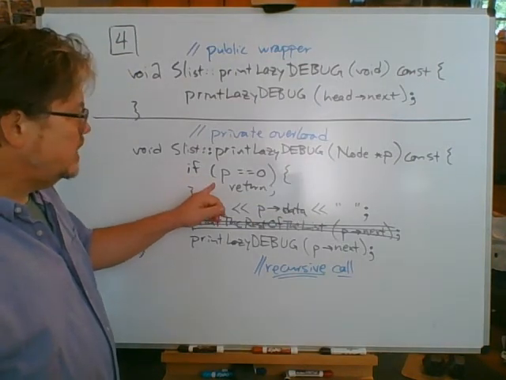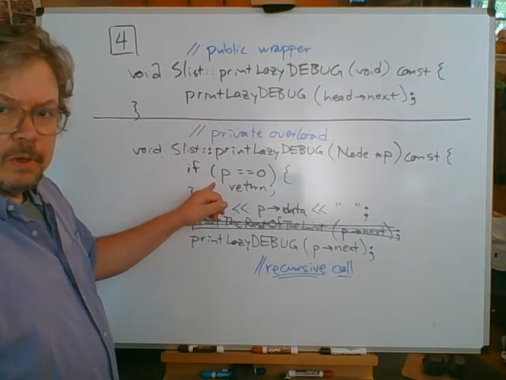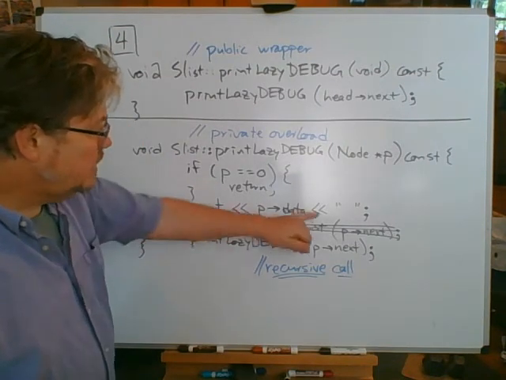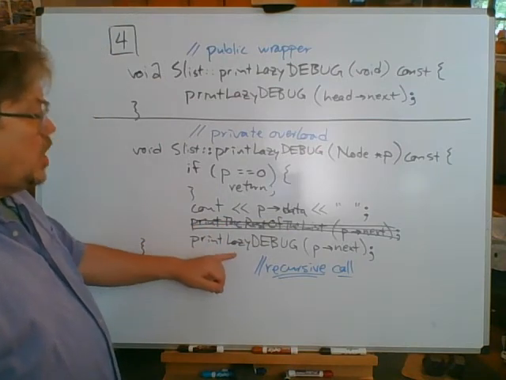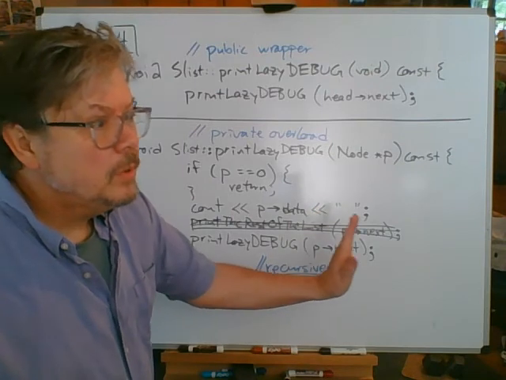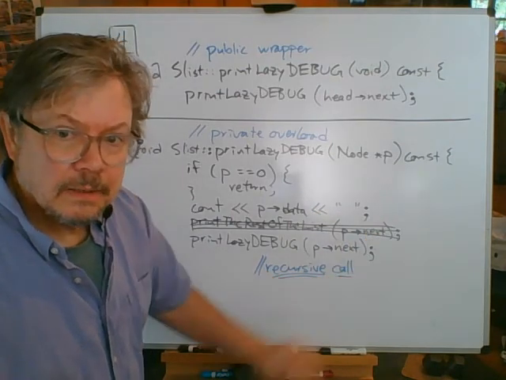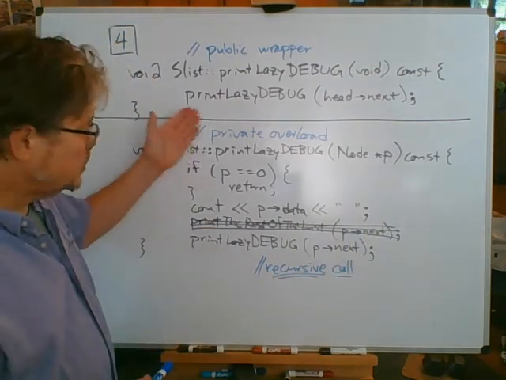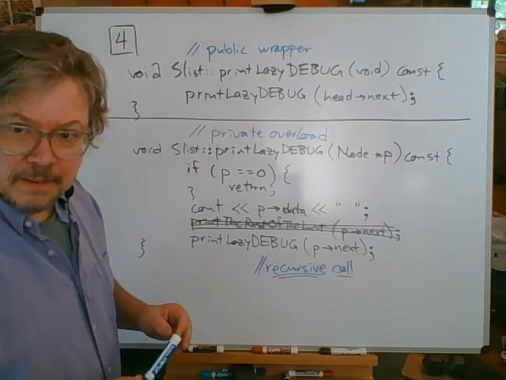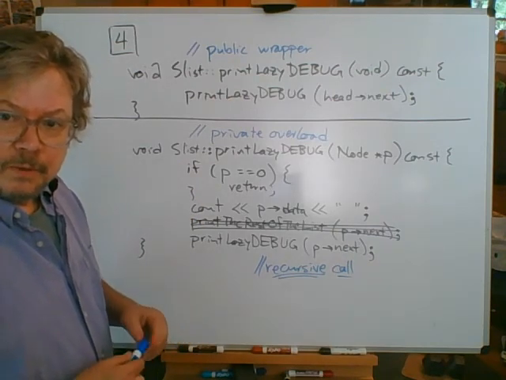It checks to see if someone sent it a 0 pointer, and if so, it returns. Doesn't do any work. Otherwise, it prints off the data in that node, and then calls itself, moving the pointer one notch down the line in the linked list. And it goes through again and again and again. It's sort of like a loop. Yes, it's a recursive loop.